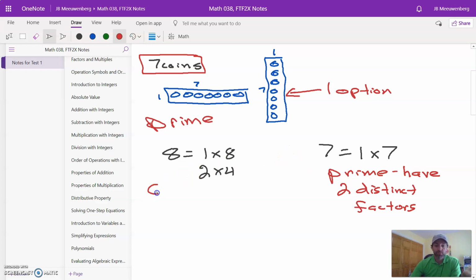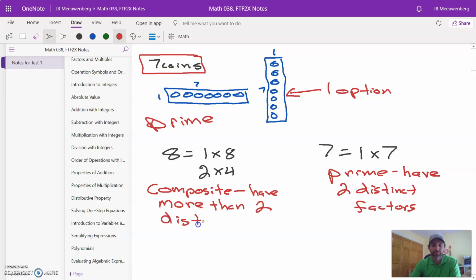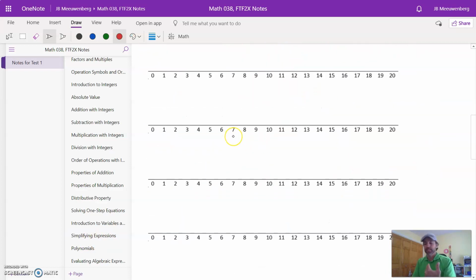Composite numbers have more than 2 distinct factors. 8 had factors of 1, 2, 4, and 8. 7 had factors of 1 and 7. And that was it. I really like showing this idea on a number line so you can kind of see what happens.